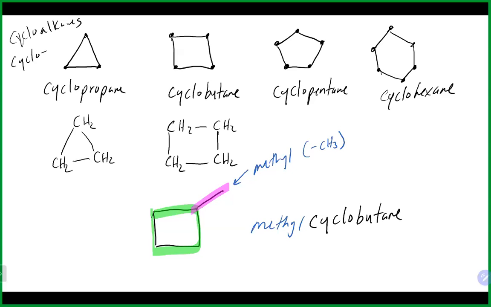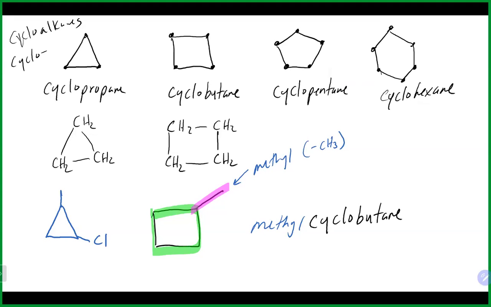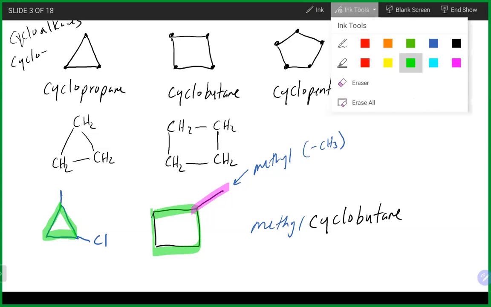Now, if we did have 2 groups attached, let's just say we had this guy with a line and maybe a Cl there, right? In this case, the longest continuous carbon chain would still be our cycloalkane, which in this case is our triangle, and that's going to be our cyclopropane.